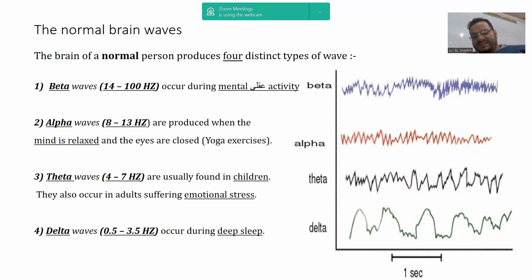The last one is delta. It's from 0.5 to 3.5 hertz. It occurs during sleep, that means when you are asleep. This hertz starts from 0.5, and when you reach deeper sleep, you will reach 3.5 hertz.